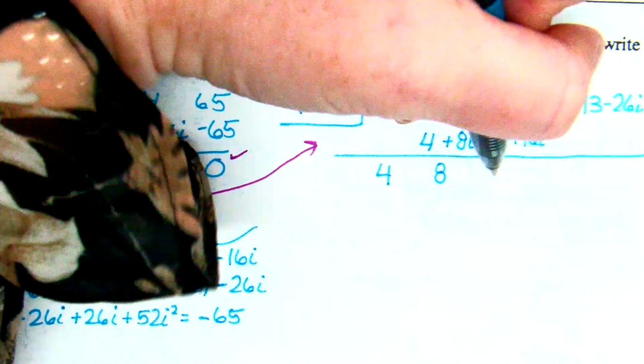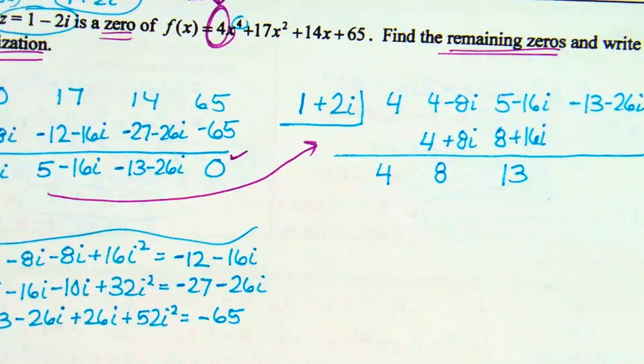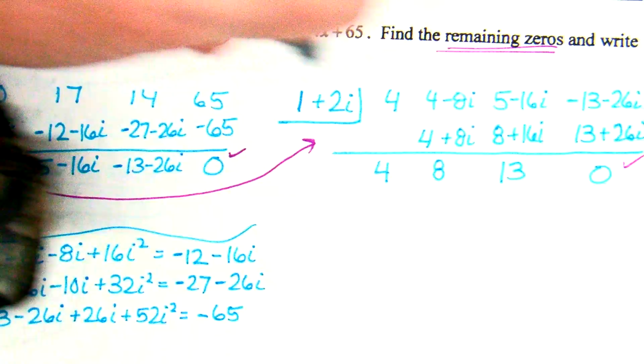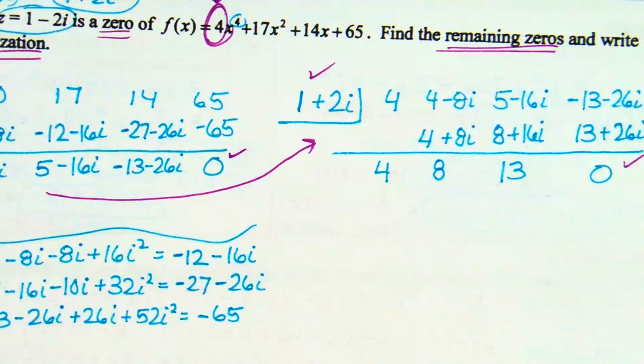I's cancel again. Now it's 13 times 1 plus 2i. 13 plus 26i, and everything cancels. We know 1 minus 2i works. We know 1 plus 2i works. What are my remaining pieces?